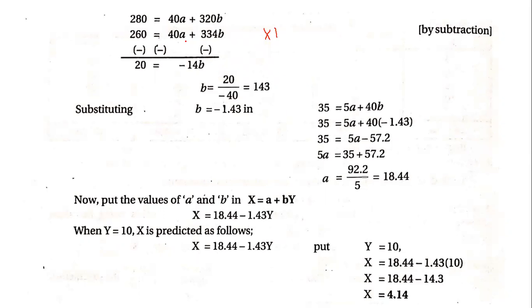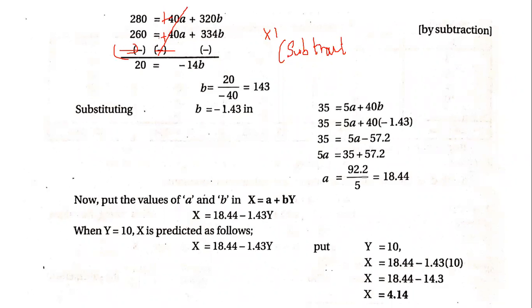So now since you have got 40a and 40a, let us subtract both the equations. We will minus both the equations. Once we minus both the equations, the signs will change. So plus will become minus. Here also it was plus, it will become minus. This plus also will become minus. Now if you see here, plus 40a and minus 40a, these two will get cancelled.